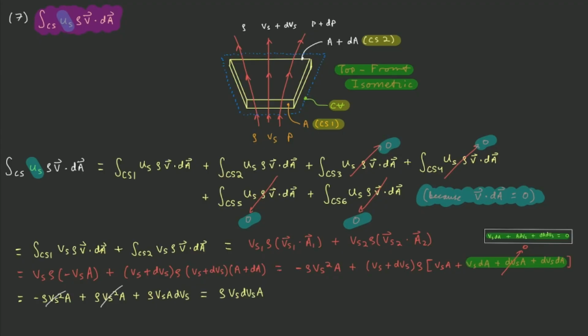So dA, the outward normal, and the velocity of the fluid at every given point along the sides and the top and bottom always have an angle to each other of 90 degrees. And so V dot dA at every point along the sides and top and bottom is equal to 0, because V and dA are always at 90-degree angles to each other.